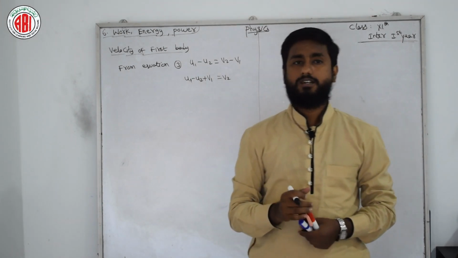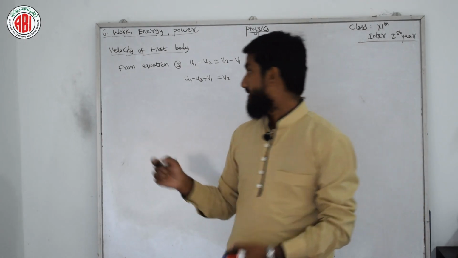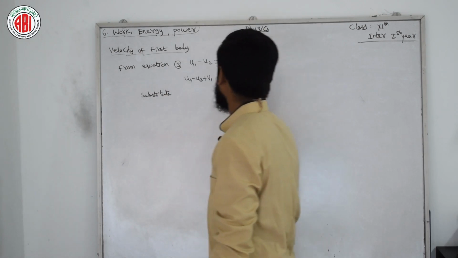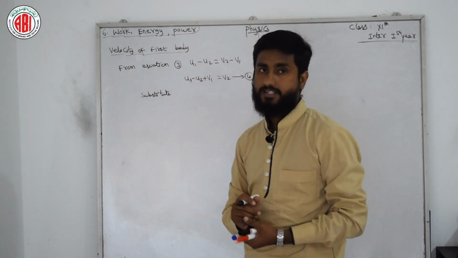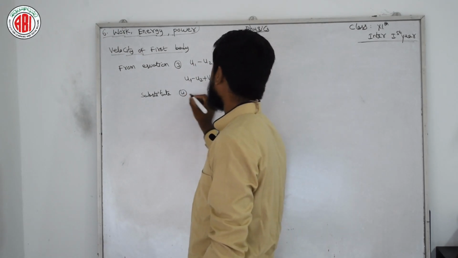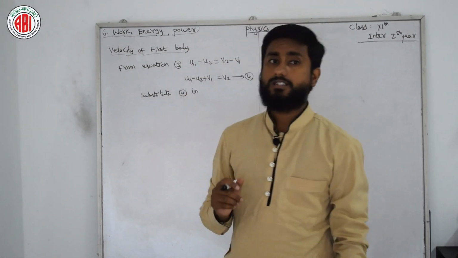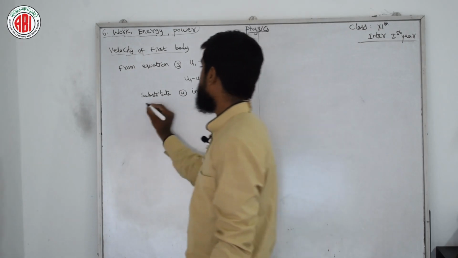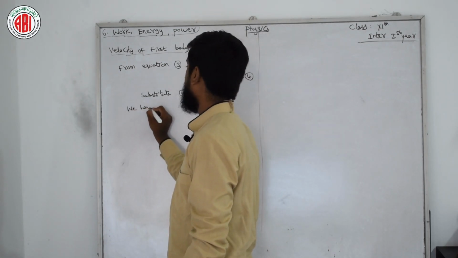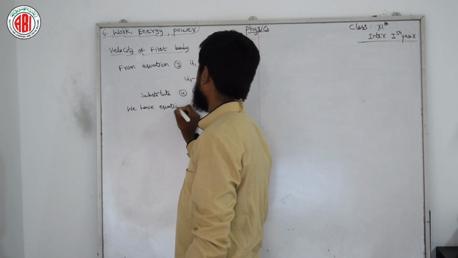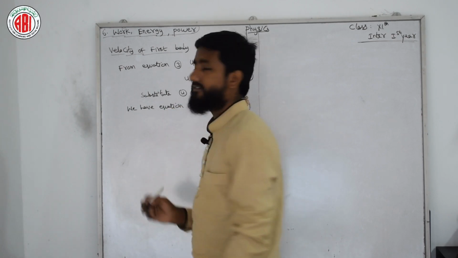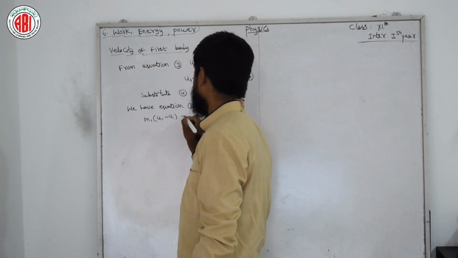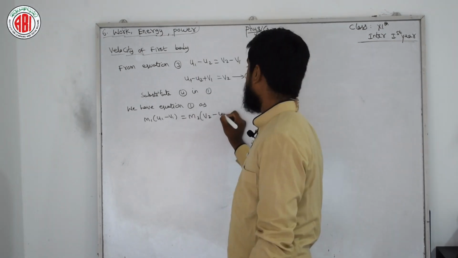Now I am giving this the name equation number 4, and we substitute equation 4 into equation number 1. Equation 1 is m1 into u1 minus v1 is equal to m2 into v2 minus u2.